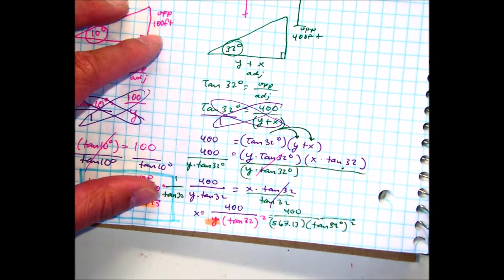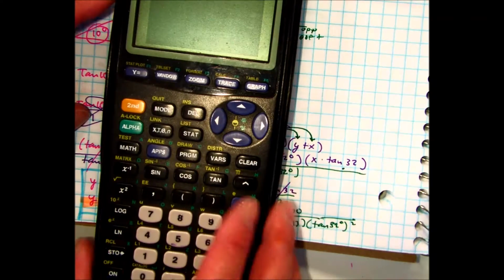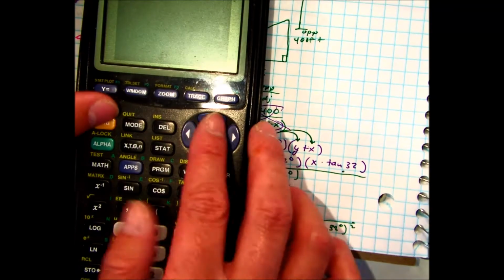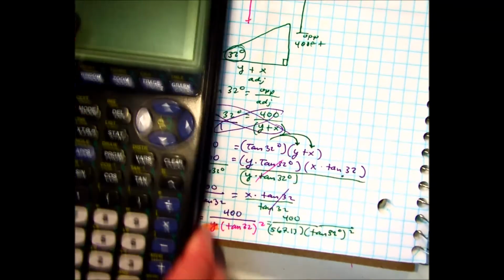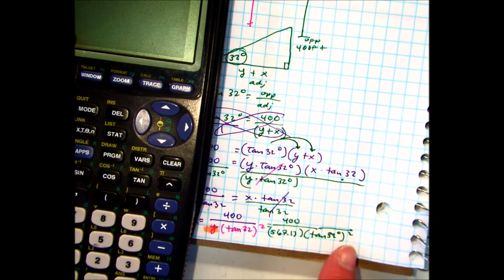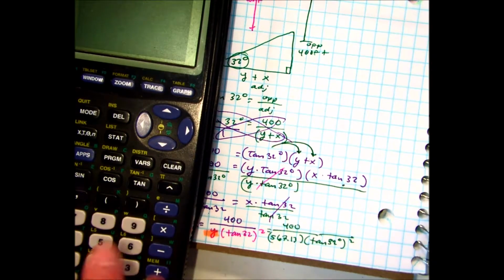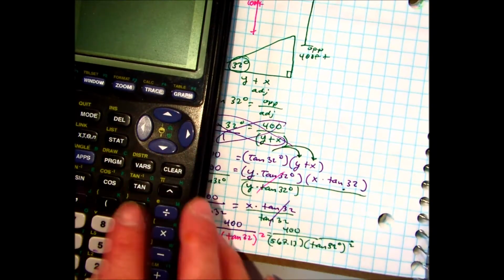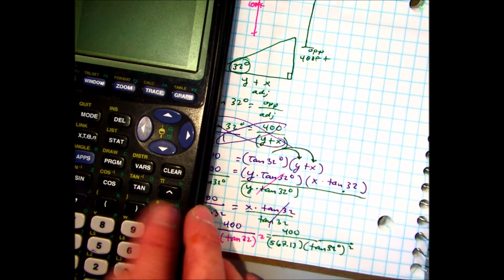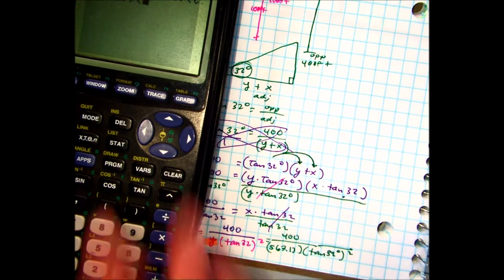Let's try this back here. Instead of typing in tan 32 squared, I don't have history on mine. I'm going to type in 400 divided by 567.13 times tan 32 times tan 32. Let's see if that works.